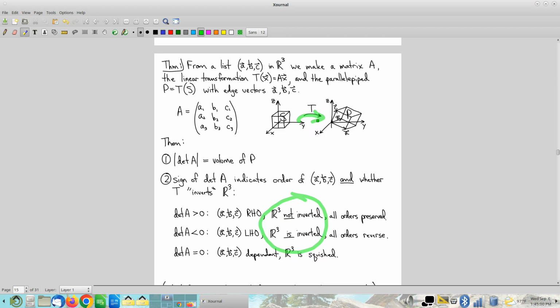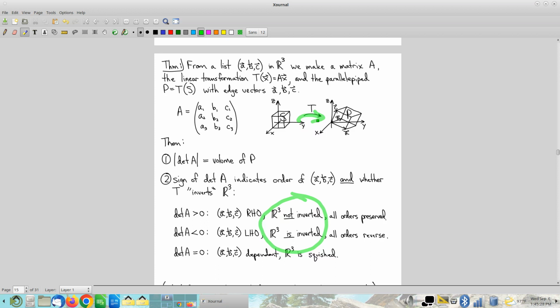Whereas on the other hand, sorry for the pun, if the E1, I know it was bad. E1, E2, E3, if that turns into 3 image vectors like this that are a left-handed list, what has to be involved? If a right hand turns into a left hand, somewhere along the line, amongst the magnifications and rotations and things like that, there's going to have to be a mirror image in there somewhere, right?